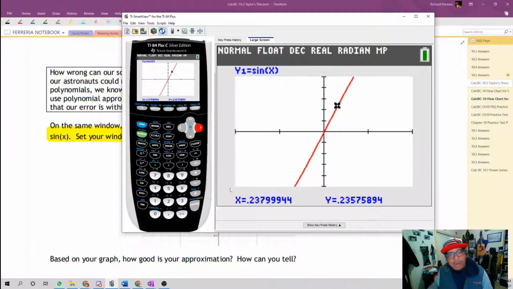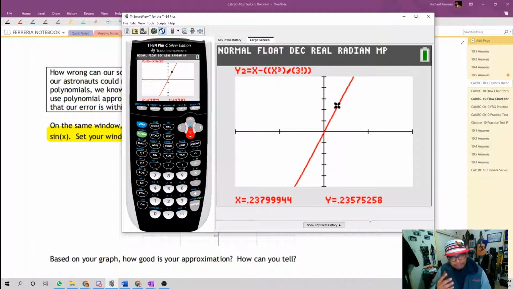If I push the down arrow, that's going to jump over to the y2 curve. And notice how the numbers change. The y coordinate is 0.2357528 75894. So this looks to be accurate in, let's see, is that the 5th place? No, 6th place. All the way to here.